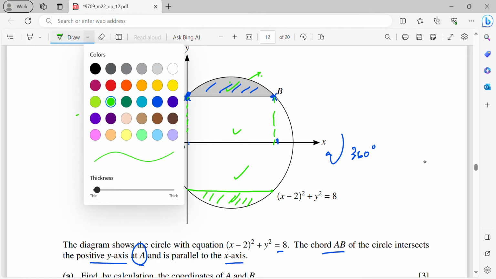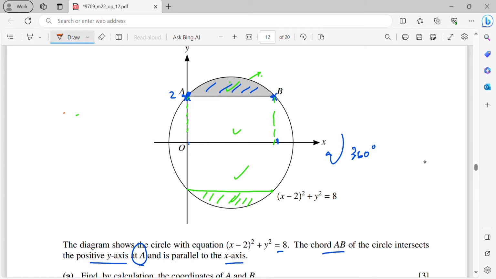But if I integrate, then I have these two extra parts, so I have to subtract them back. These two parts are basically a cylinder when you rotate. So I integrate the whole graph from A to B, then I have to subtract the volume of the cylinder.